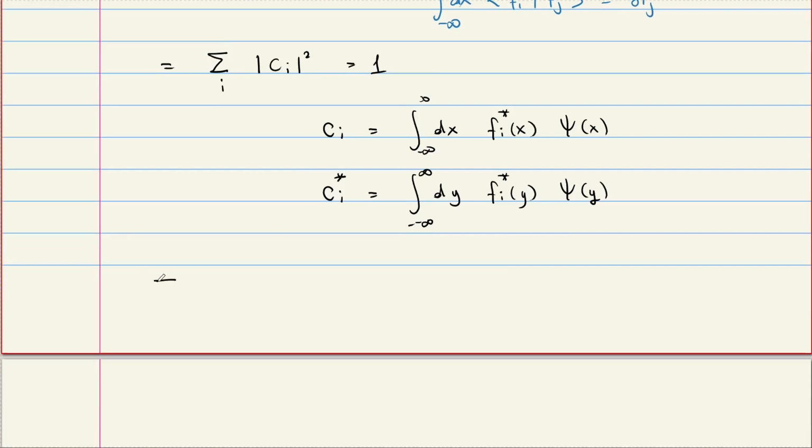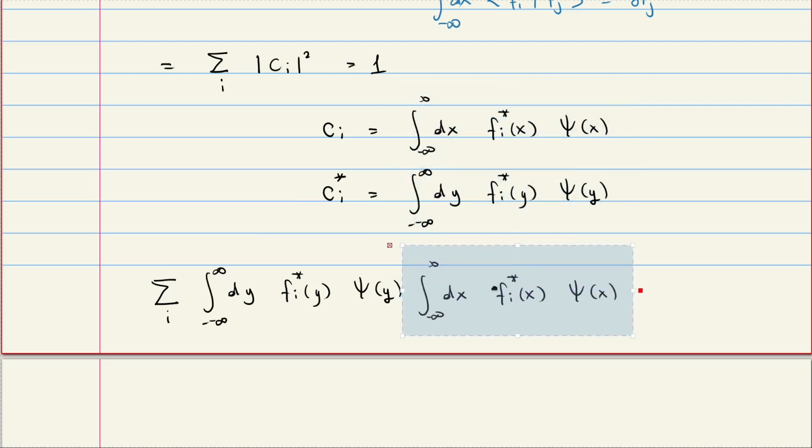So that means I can do this. This is the sum over all i, all possible indices. And I want to put this guy times this guy. Good.